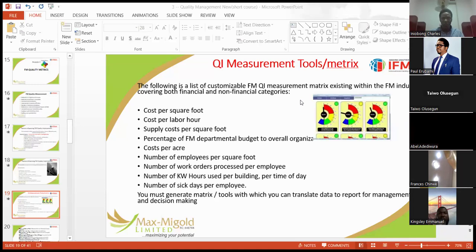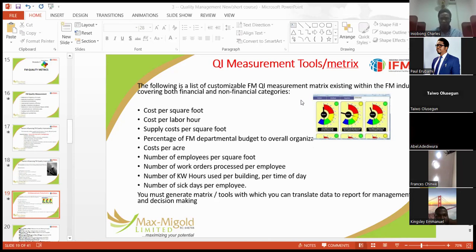We have the percentage of FM budget to overall budget. This assesses the FM department budget relative to the overall budget, the organization's budget. Now we have the cost per acre. This determines cost efficiency per unit of land. Then we have the number of employees per square foot.